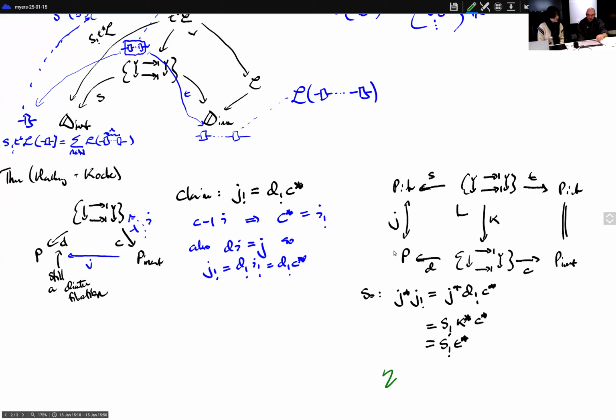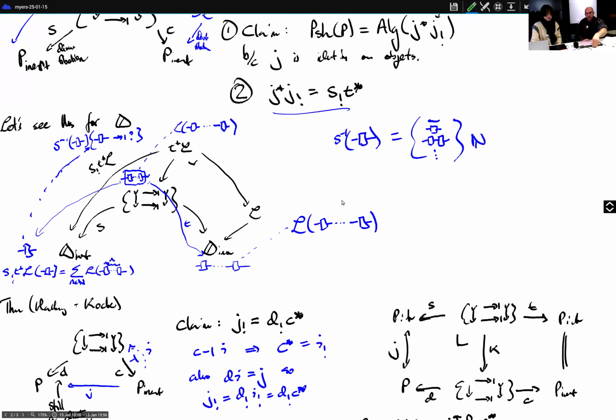The brief idea is to note that the left Kan extension restriction monad is in fact given by push-pull along this double category, which is really quite nice because that push-pull is very easy to compute, very concrete to compute. You get a really good sense of what's going on there.